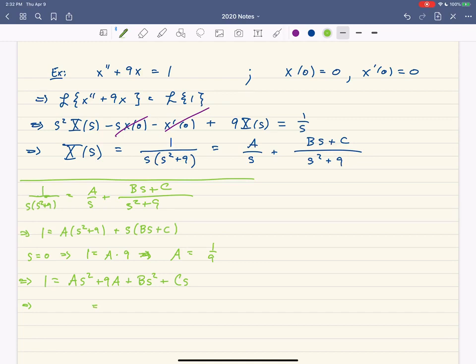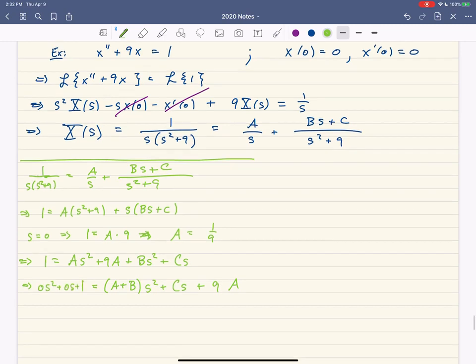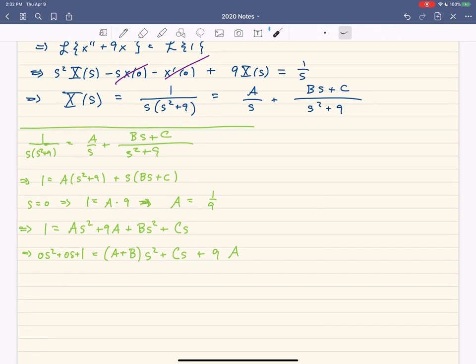On the right side, we're going to end up with A plus B times s squared plus Cs plus 9A. And on the left side, we have 1, which I'm going to think of as 0s squared plus 0s plus 1. Now, if these two polynomials are going to be equal, the only way that can happen is if the corresponding coefficients are equal. So I want 0 to be equal to A plus B.